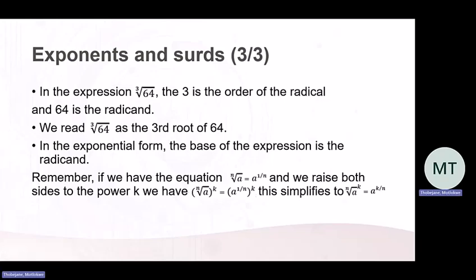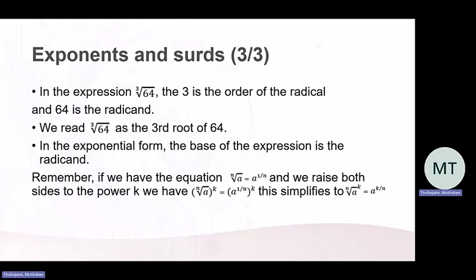I hope you get it. Remember, this radical here, every time you remove this root, it will always be 1 over n. But because you have a k here, then it's k over n. We'll proceed, but you will get it.